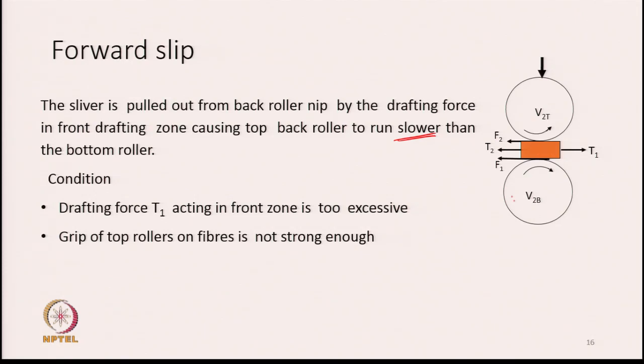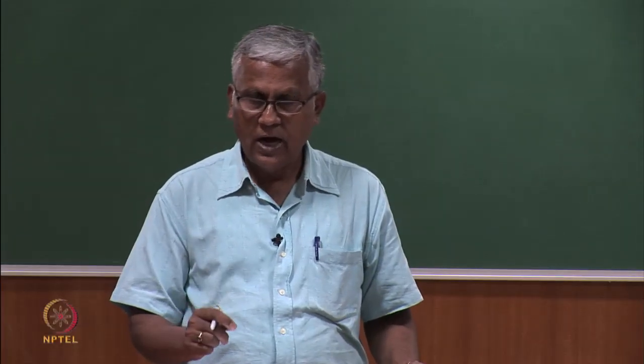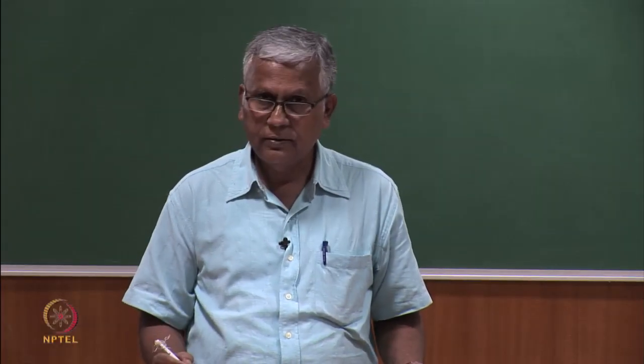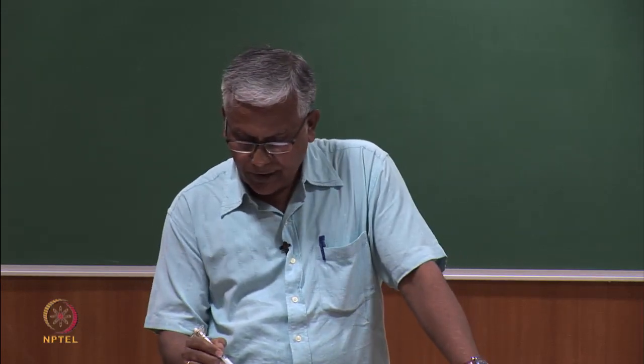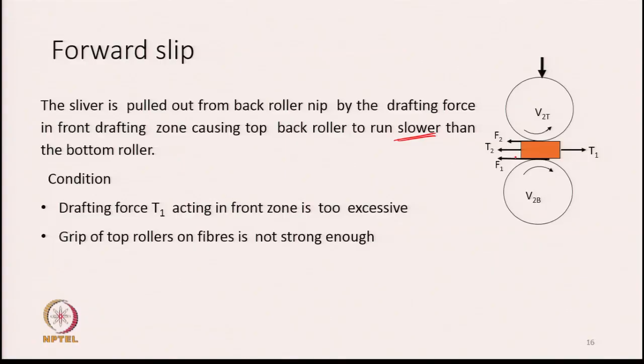That is, even though the bottom roller is trying to move the piece of material gripped between them forward, the material itself is moving at a speed higher than V2B, the surface speed of the bottom roller, and therefore the frictional force will act in the backward direction. So, when T1 is so large, the drafting force is too excessive and the grip of the top rollers on the fiber is not strong enough, this kind of situation is going to arise.